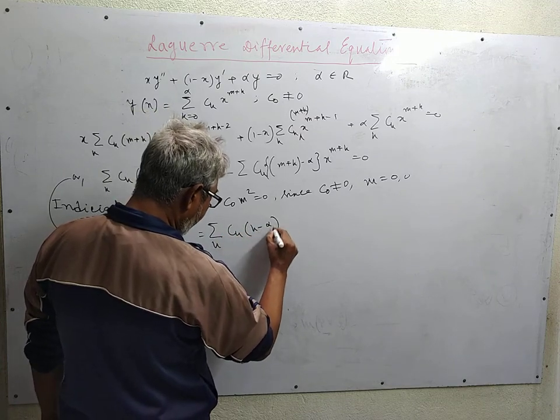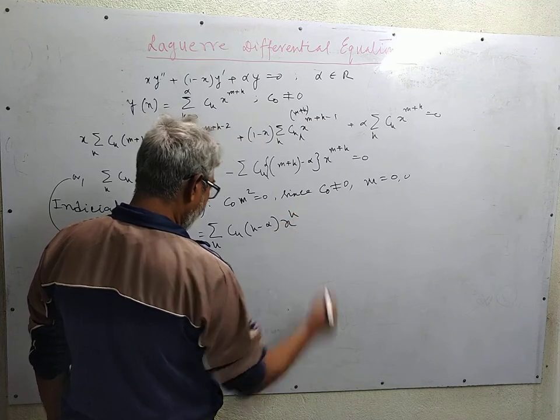Summation over k, c_k (k minus alpha) x to the power k.